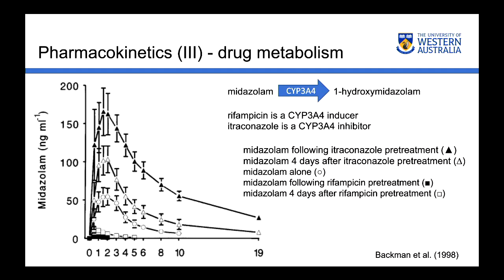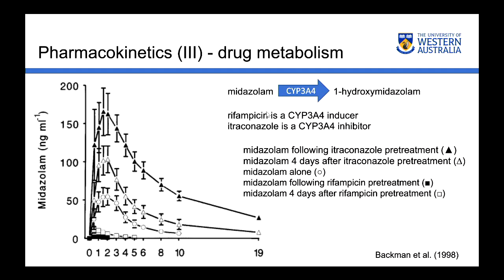It shows the plasma concentration time curve, the plasma concentration of the drug over the course of time. This is the one with midazolam. Just keep in mind that the drug is metabolized by CYP3A4, though you don't need to remember that. This is just an example to illustrate the concept of CYP induction and CYP inhibition.